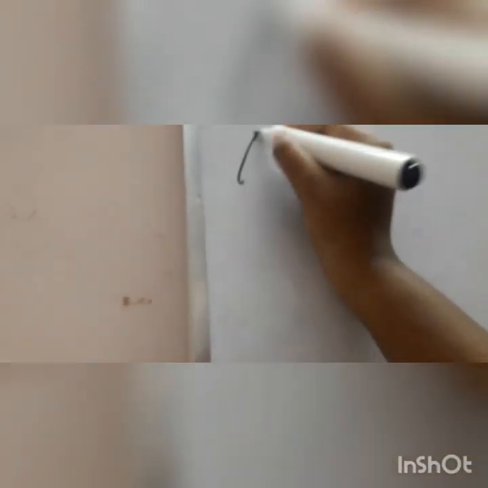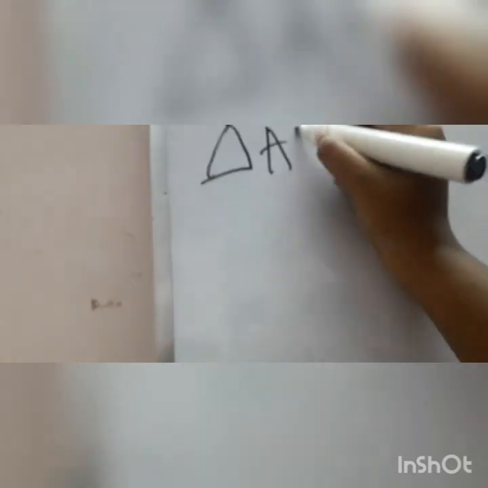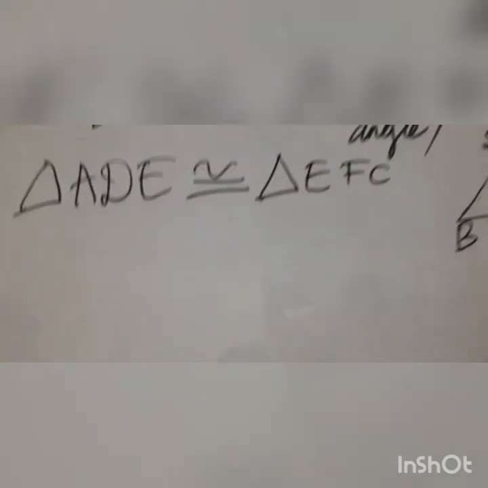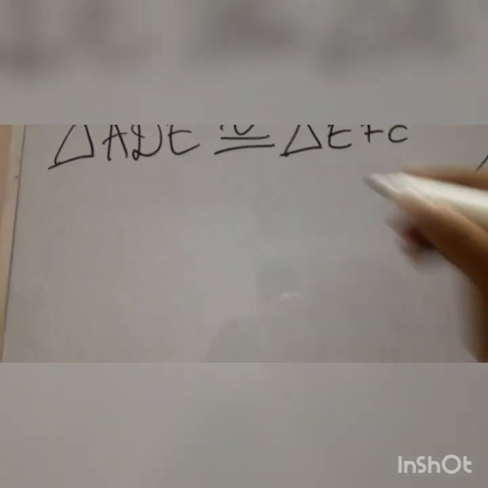Then next, triangle ADE is congruent to triangle EFC. By what? By the SAS rule.